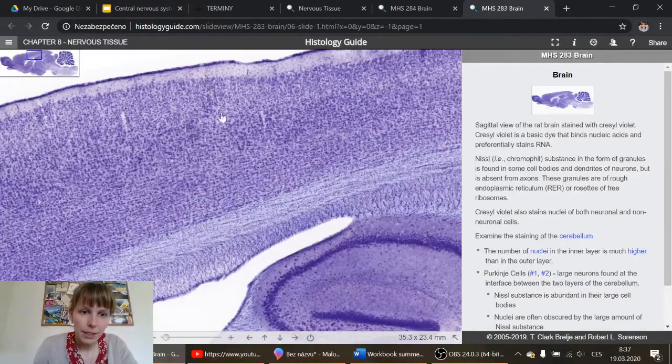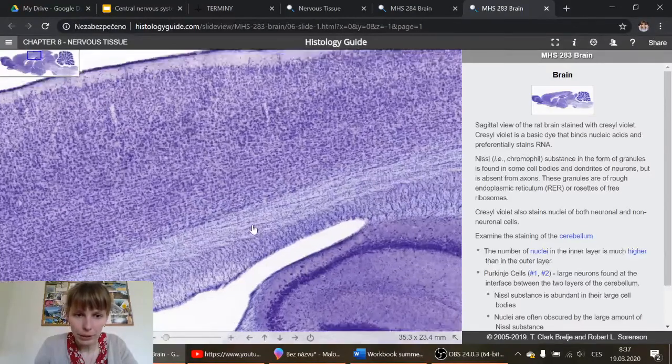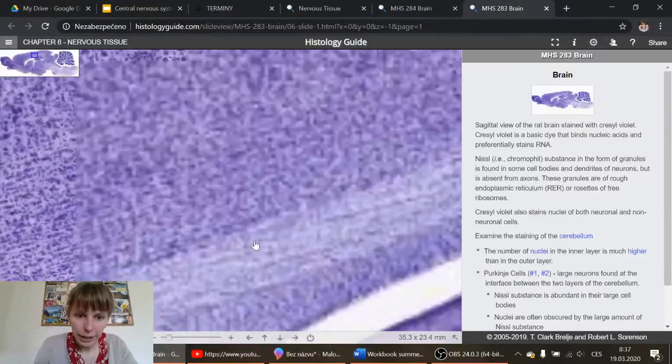So this is the brain cortex with the different layers. We don't have to get into that right now, plus it looks a little bit different in the rat. But here you can nicely see the difference between the gray matter and the white matter. This is the white matter, so let's zoom in.